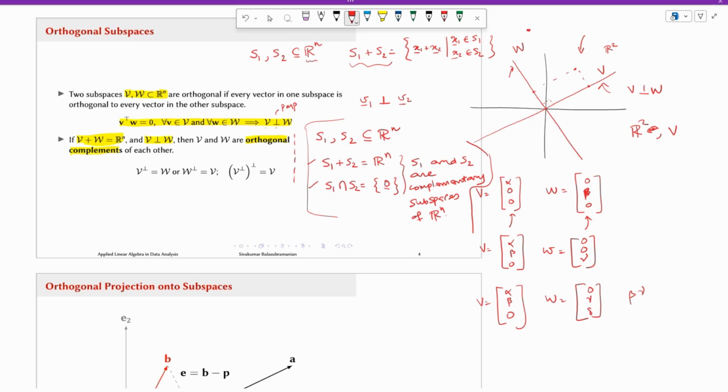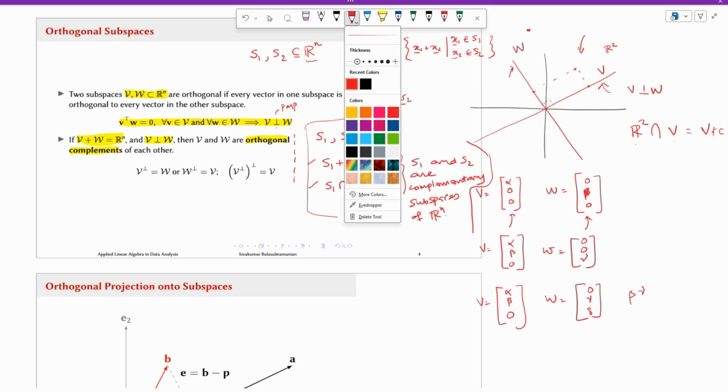The sum of these two will still produce R2, but what is the intersection? The intersection is just V, because V is in R2. So this is not equal to 0. That means they are not complementary subspaces.